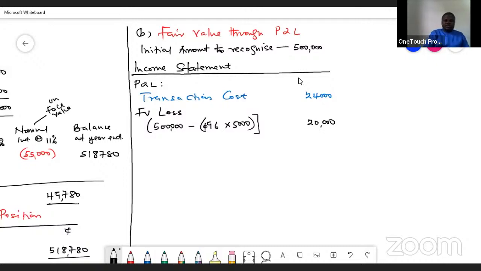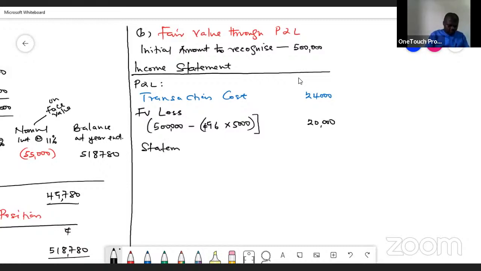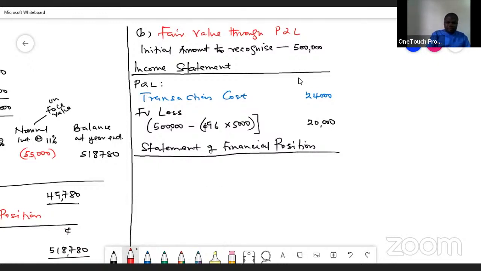Right? Yes. So in the statement of financial position, we have non-current assets.